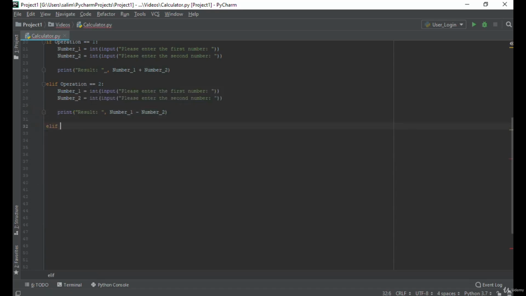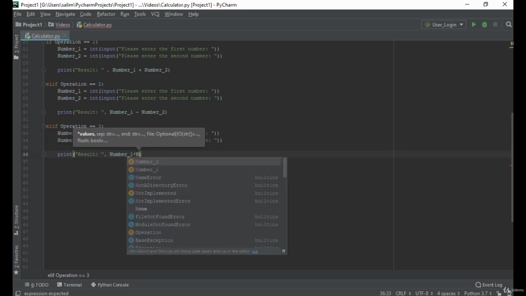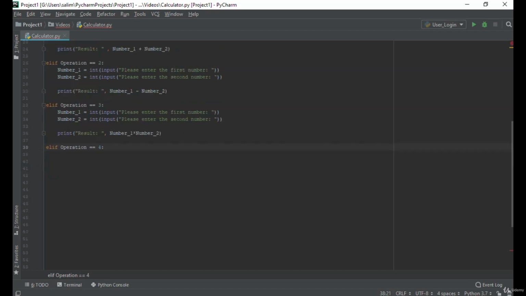Third one is multiplication. And we'll make the same variables again. And print number1 times number2. And the fourth one is division. And we'll make the same variables again.